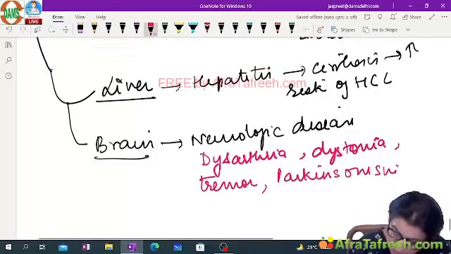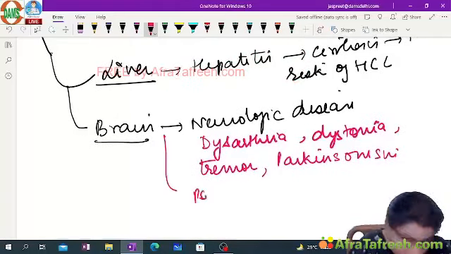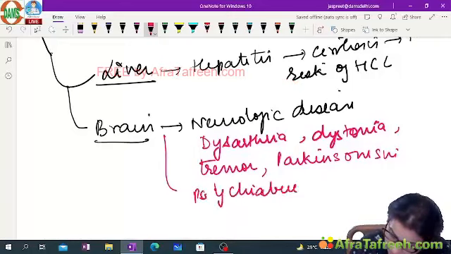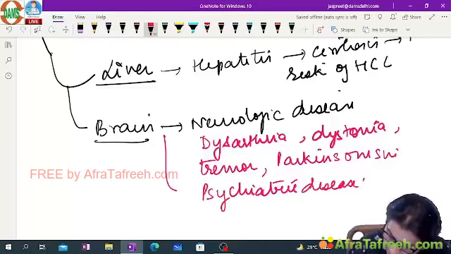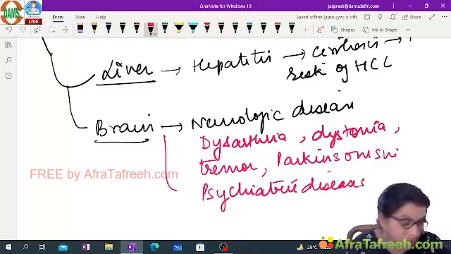And they can also develop psychiatric diseases.